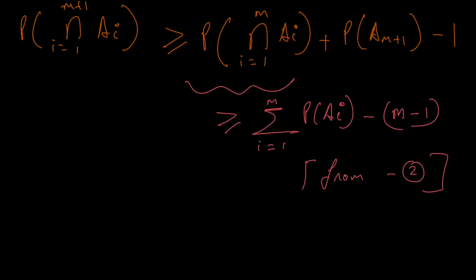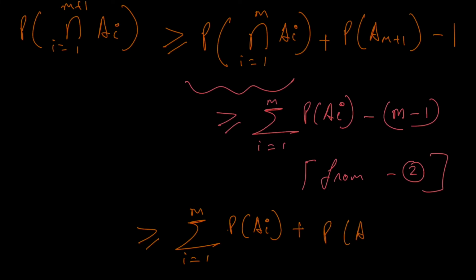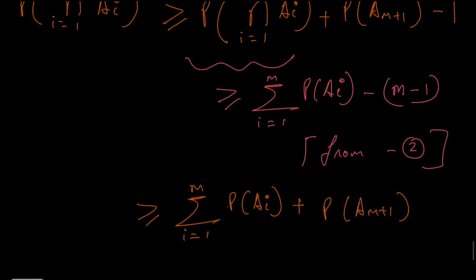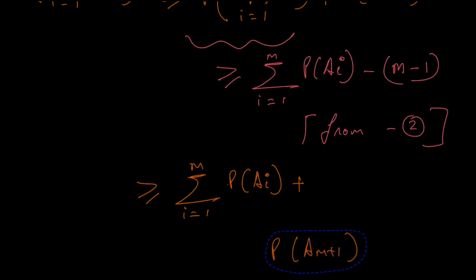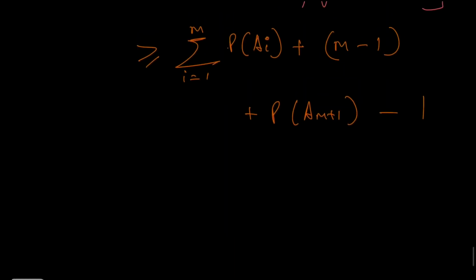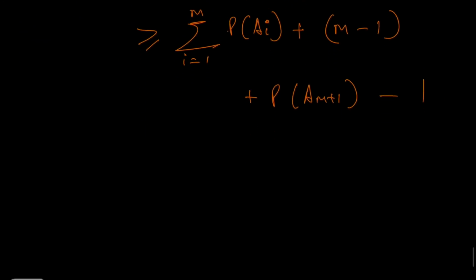So from 2, we can now write it down as summation i equal to 1 to m of P of Ai, minus m minus 1, plus P of Am plus 1 minus 1. This can be easily simplified.